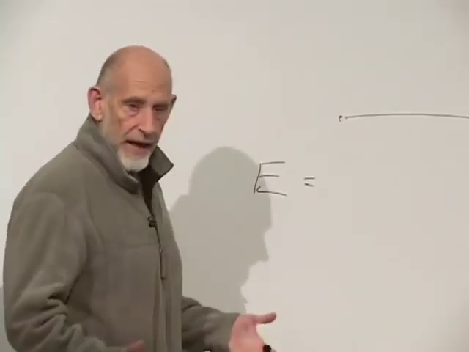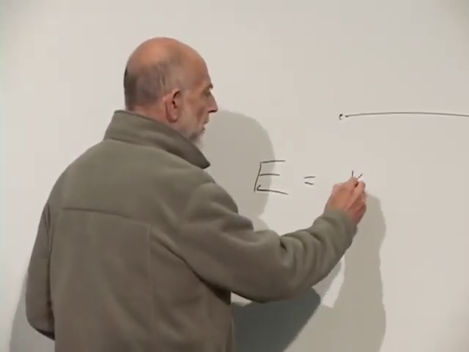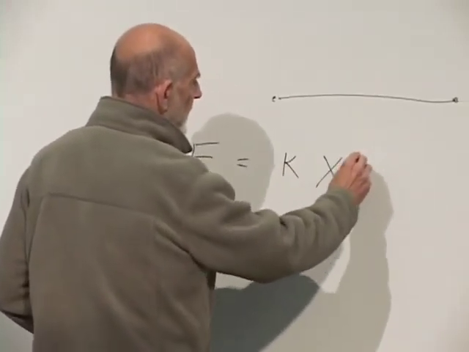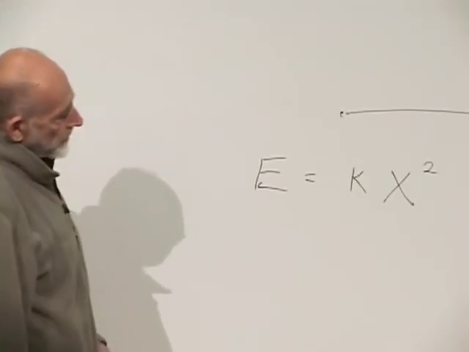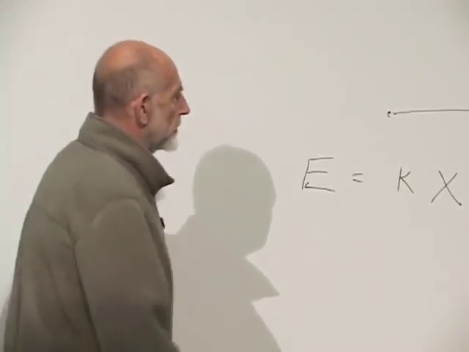Some K, which is some spring constant, times the square of the distance between the endpoints. Missing something. Factor of 2.